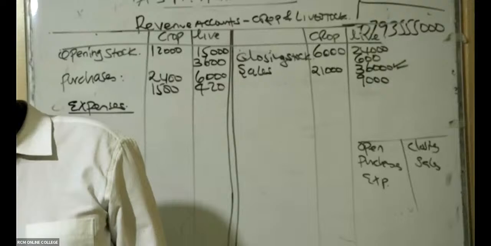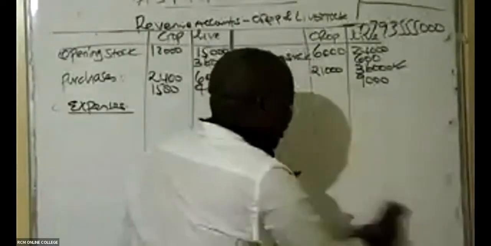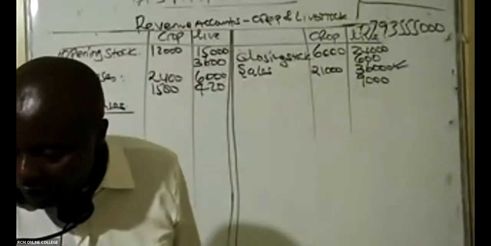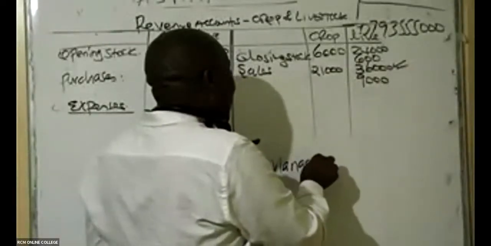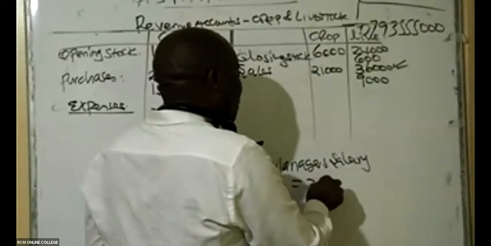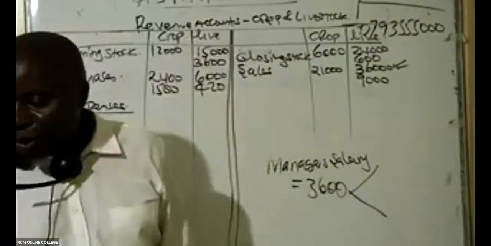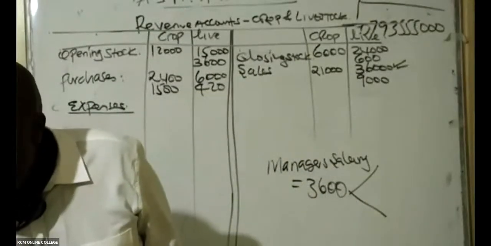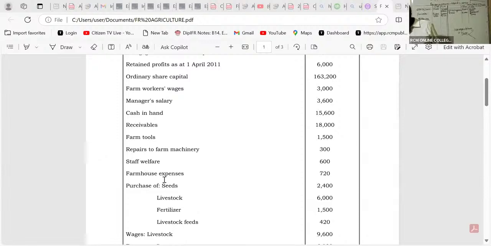So we have here manager's salary of 3,600, but this is to be apportioned.